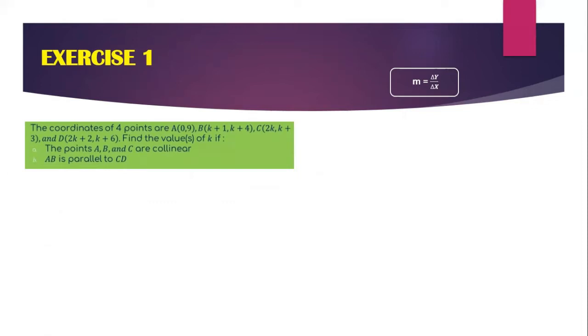Find the value of k. A: the points A, B, and C are collinear. B: AB is parallel to CD. This question is actually very easy.